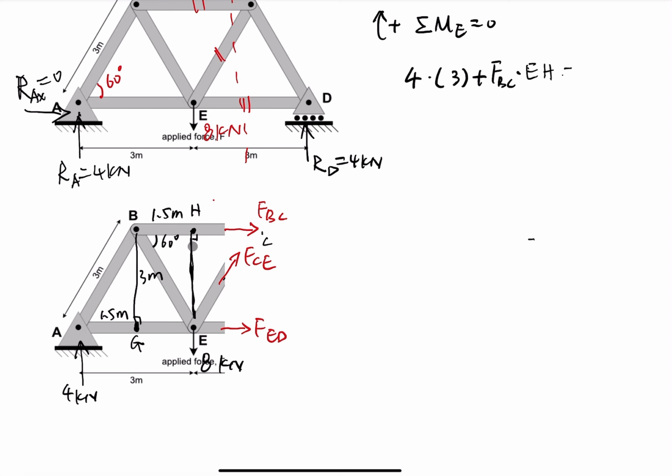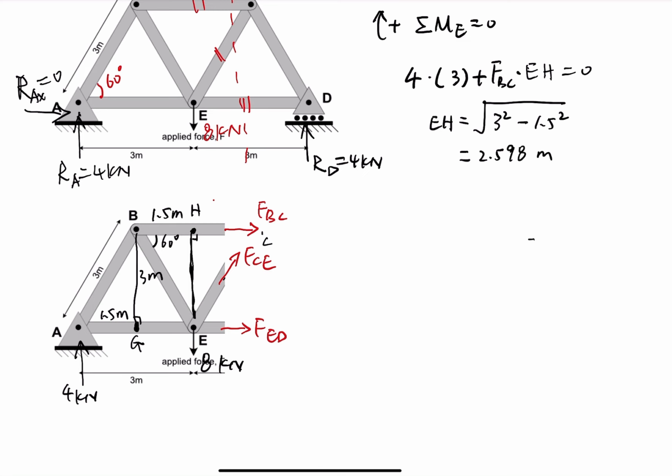EH equals 0. And we know EH can be calculated as the square root of 3 meter squared minus 1.5 meter squared. We can calculate the result, which is approximately 2.598 meter.